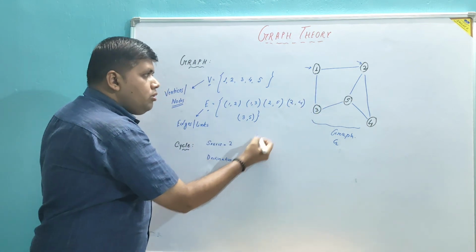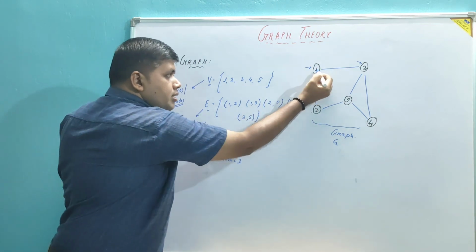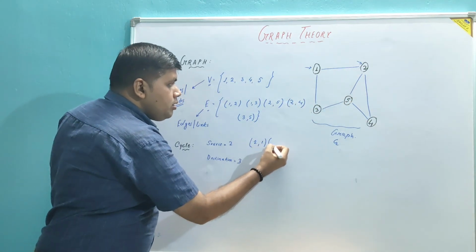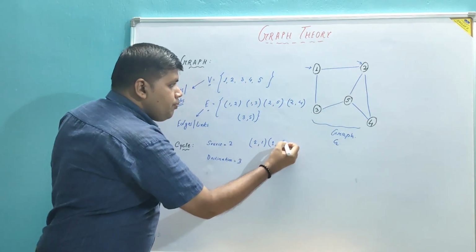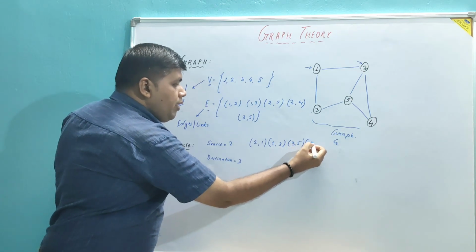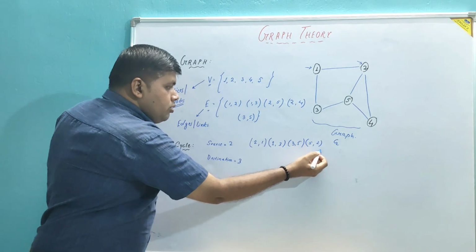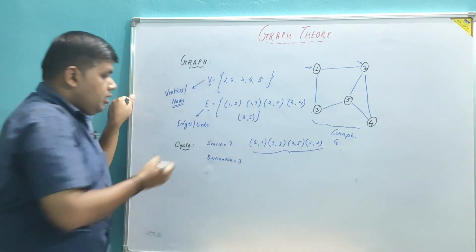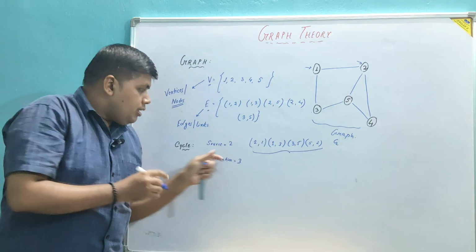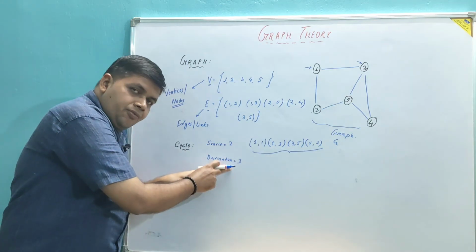However, if it is moving like 2, 1, 1, 3, 3, 5 and 5, 2, this can be considered as a cycle. You observe that the source and destination are different.